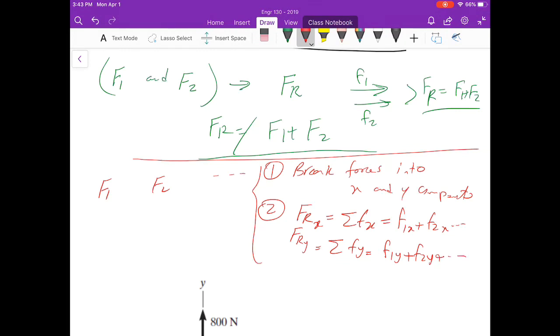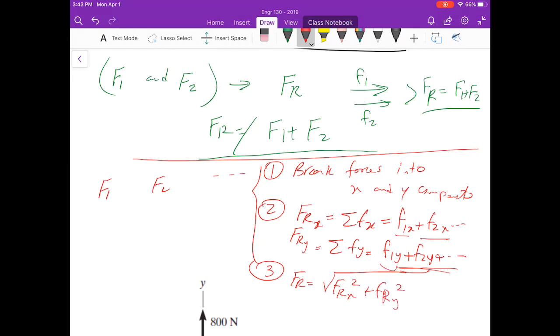The reason is that F1x and F2x are both components in X, so I can simply add them together. Same thing for F1y and F2y; I can add them together because they have the same property. To find the resultant force in step 3, we can say Fr is equal to the square root of Frx to the power of 2 plus Fry to the power of 2.